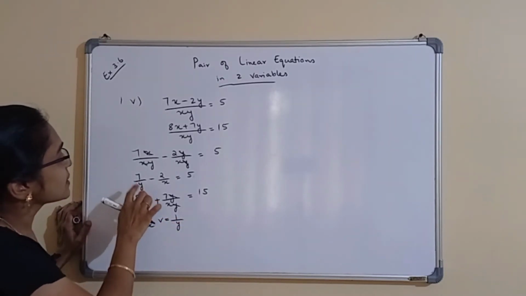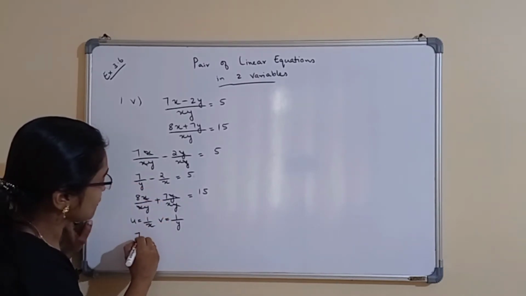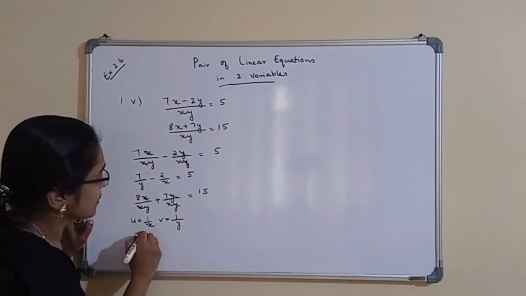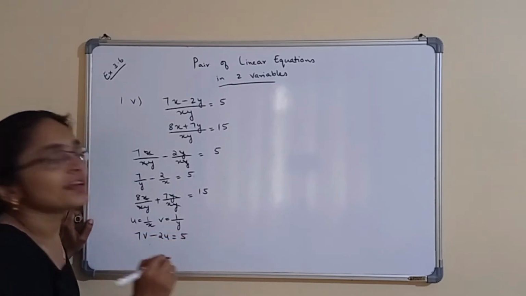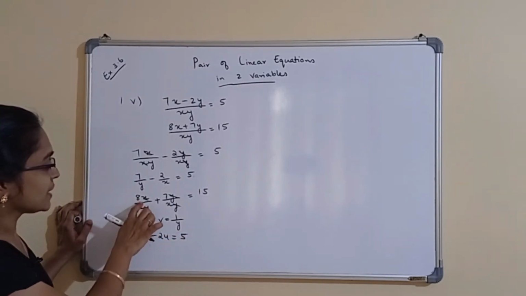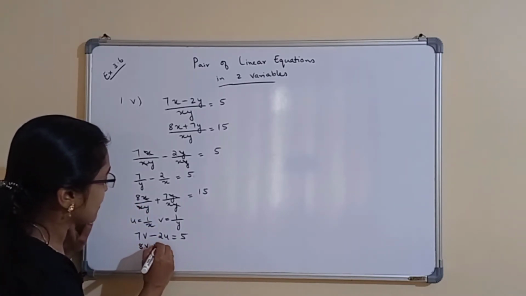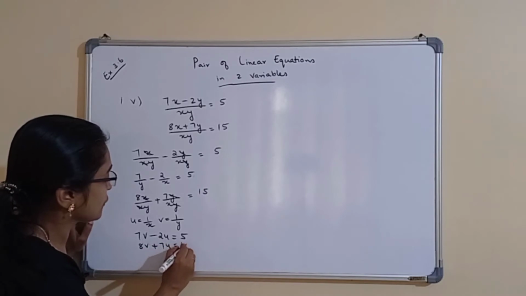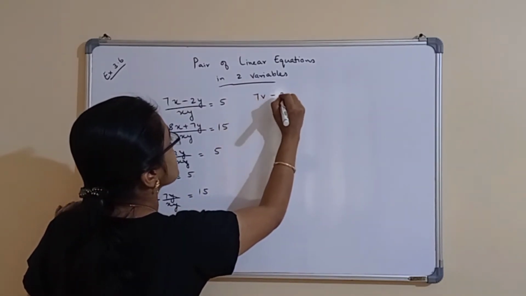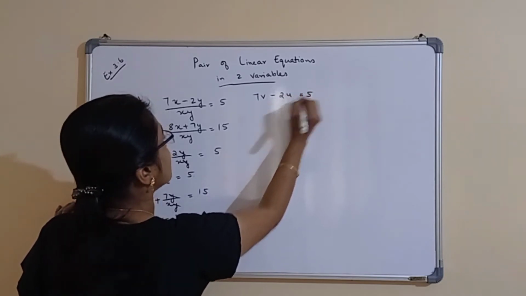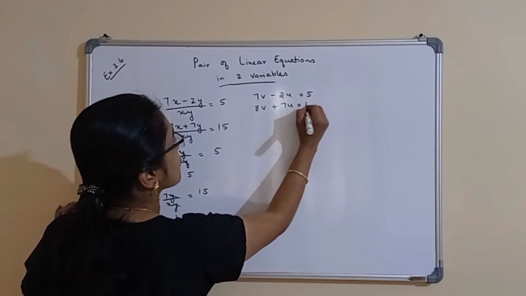So for this equation we will get 7v minus 2u is equal to 5, and for this equation we will get 8v plus 7u is equal to 15.